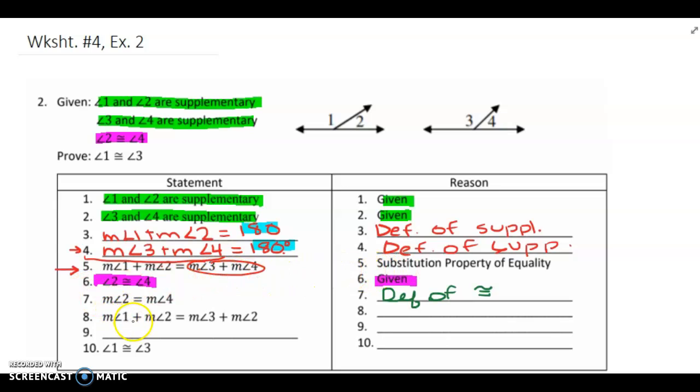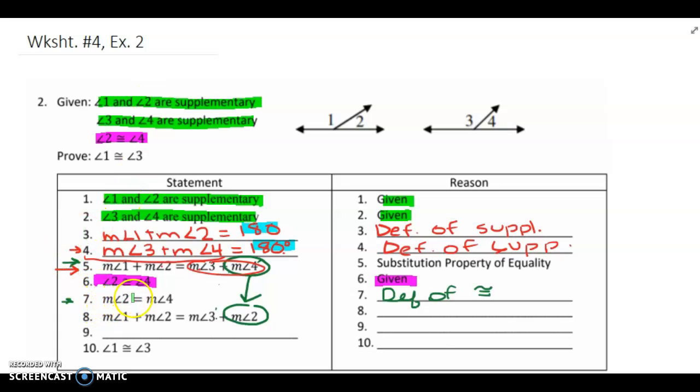All right, now let's rewrite line 5 using line 7. Okay, so if I look at this, the only difference between this line and this line is here's a measure of angle 4 and here's a measure of angle 2. Okay, I'm changing the measure of angle 4 to the measure of angle 2. And why can I do that?